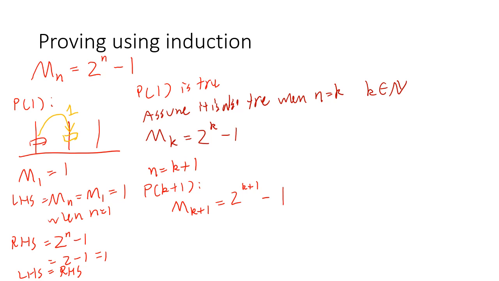And remember in the slides where I showed the case of n plus 1 disks, you have seen the animation that Mn plus 1 equals 2Mn plus 1. So the left hand side equals 2Mk plus 1. Sorry, it should be k.